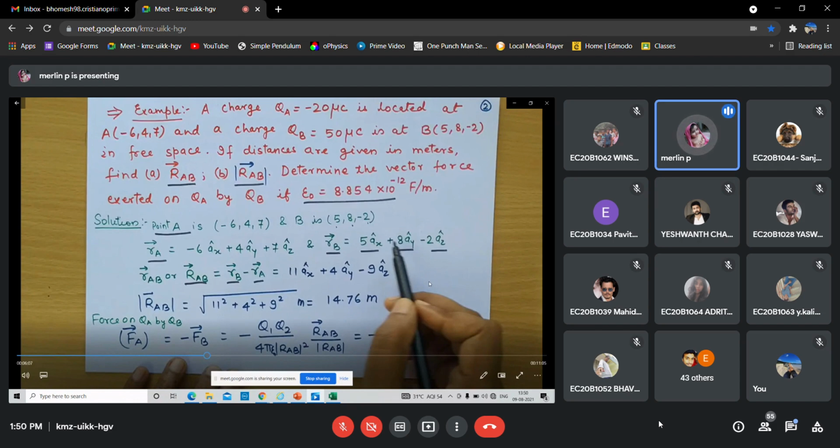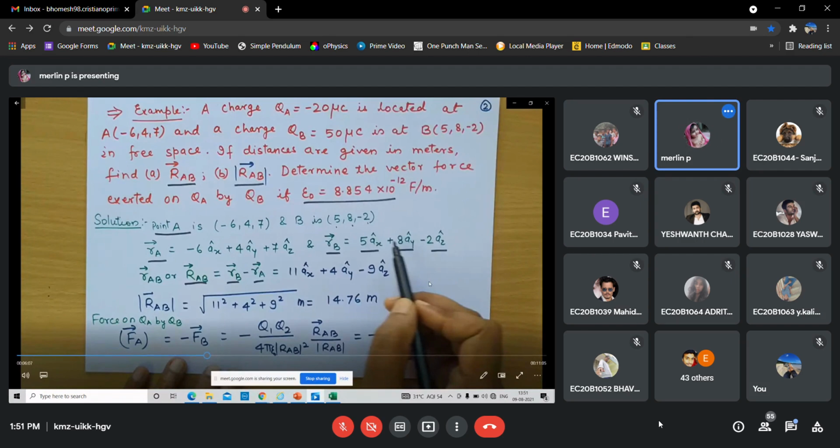They have taken the negative side of the force, since the force is exerted on QA by QB. They have asked for the force coming from QB on QA, so we have to find the vector force at QA. For that they are taking FA is equal to minus FB. What is asked you have to put on the left, and where it is coming from you have to write on the right side.